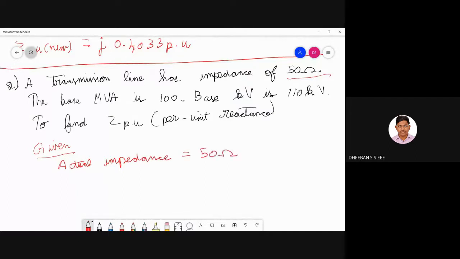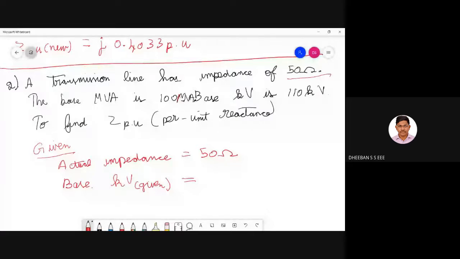The second thing they have given is your base kV and base MVA.